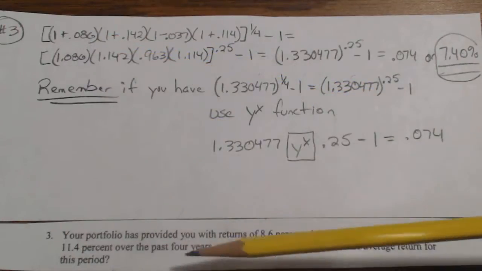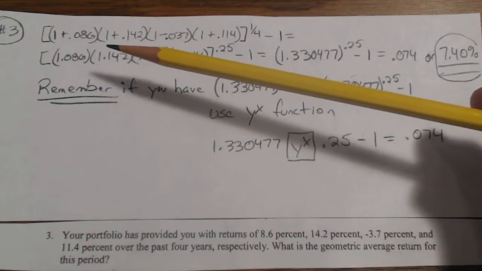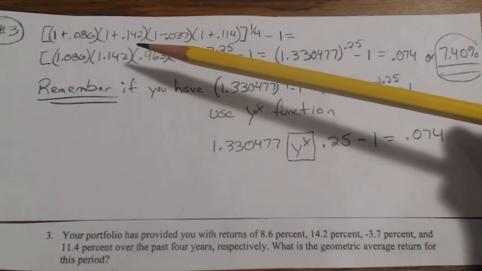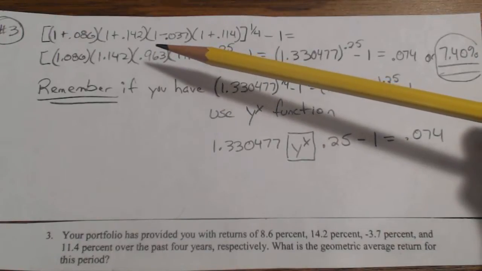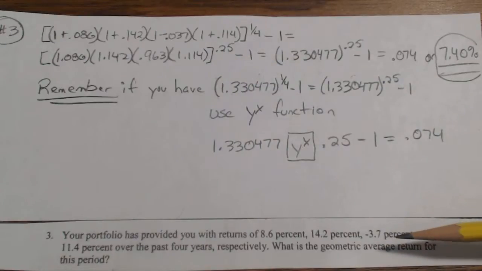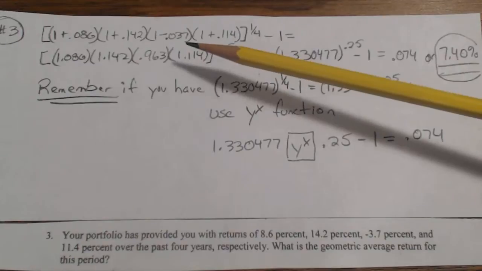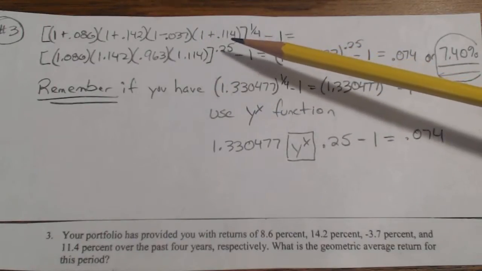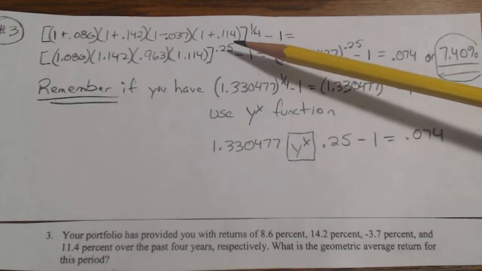So it's 1 plus 0.086, which is 8.6%, times 1 plus 0.142, which is 14.2%, and times, now you got to be careful about this because he had a negative 3.7%, so it's 1 minus 0.037, times 1 plus 0.114, which is 11.4%.